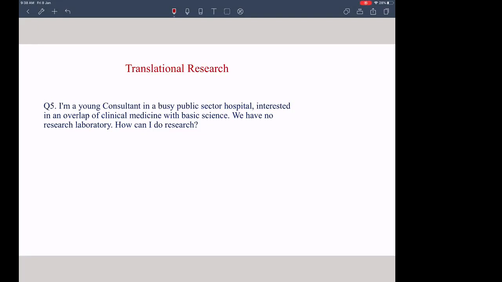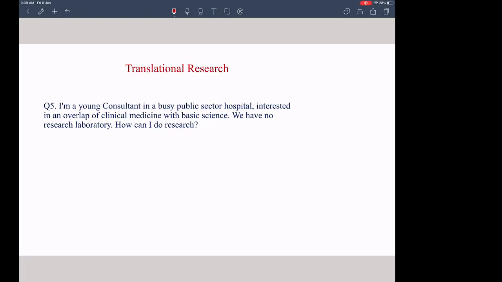But the first thing would be to put your cases together and publish that as a case series or descriptive research. Second would be to then try and investigate the causes for it, or look at how one could diagnose the disease earlier, or how one could treat it better. So there are really three aspects to these, and this comes to what is known as translational research.